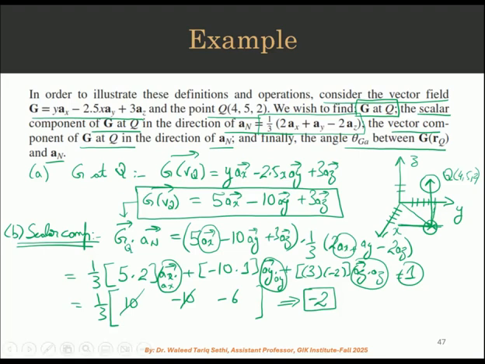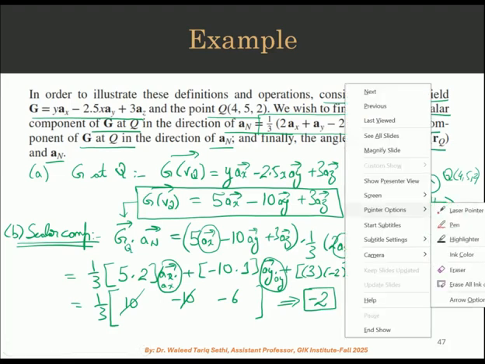Next we want to find the vector component, or the projection of vector A onto B in terms of the vector representation. We already knew from our previous case that G at Q dot A of n is the scalar value, which we got as minus 2. So we just multiply it again with the unit vector direction, which is A of n.